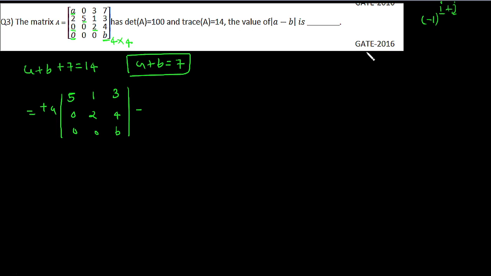So this element is A11, and this 2 corresponds to the element A21, the second row and first column. So in the second term we get minus this 2, which remains as it is. Now delete the second row and first column, and write the remaining 3 cross 3 matrix as it is.